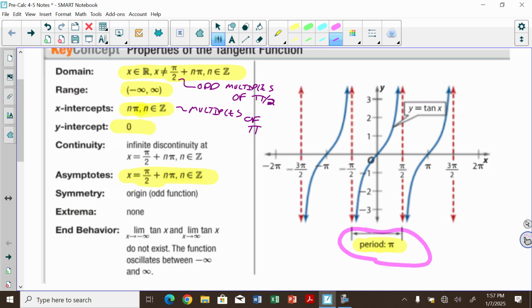At pi over 2, we've got a vertical asymptote because it won't work there. The same goes for multiples of that. So 3 pi over 2 would also have one, and then negative odd multiples, right? Negative pi over 2 would also have a vertical asymptote.